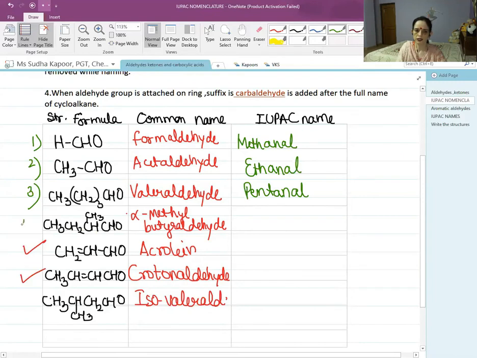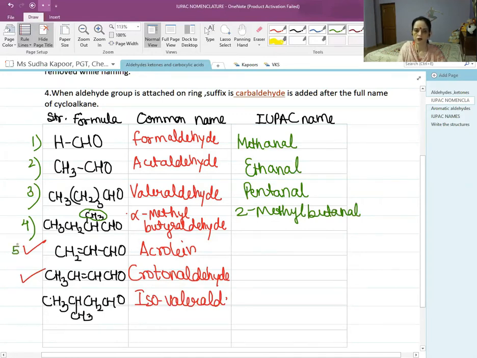Now the fourth one, we will be numbering from that carbon which is getting the CHO as the lowest position. So first 1, 2, 3, 4. Total 4 carbons are there, and on the second carbon it is the CH3 which is placed. So following the rules, 2 methyl and then the 4 carbon is butanal, 2 methyl butanal.